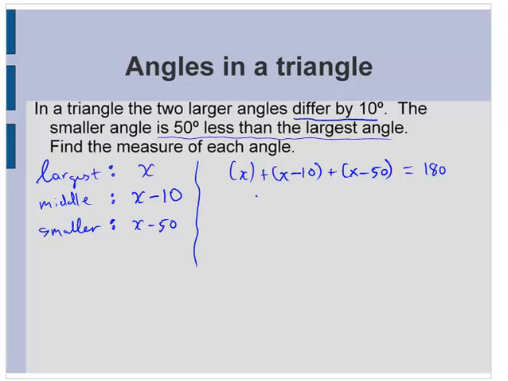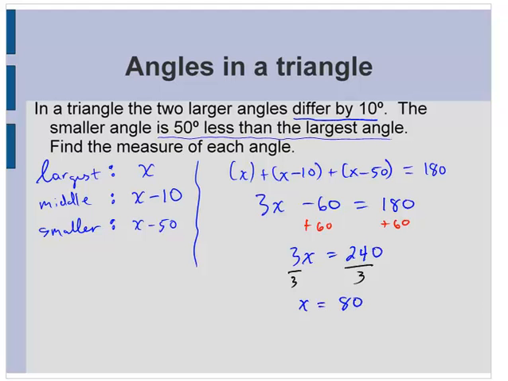Combining like terms on the left, I would have 3x minus 60 is equal to 180. Adding 60 to both sides of the equation gives 3x is equal to 240. And dividing by 3, we have x is 80.